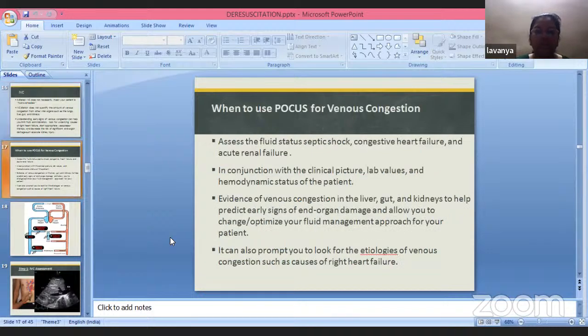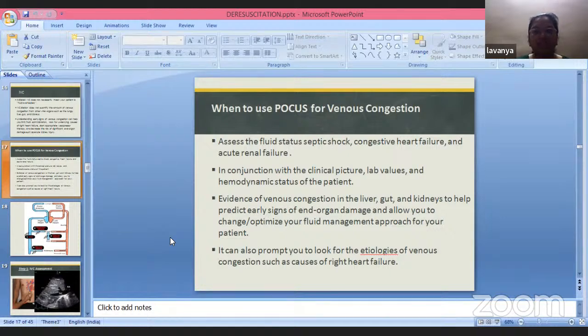That's why this focused point of care ultrasound using VEXUS protocol has come into place, to be started in patients with septic shock, congestive heart failure, right heart failure, acute renal failure.